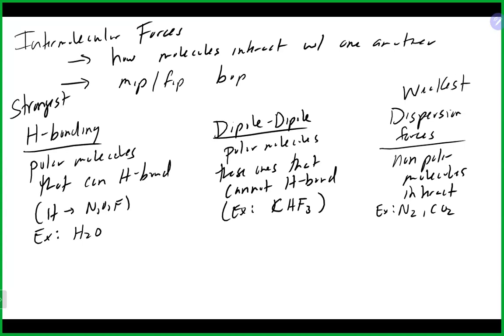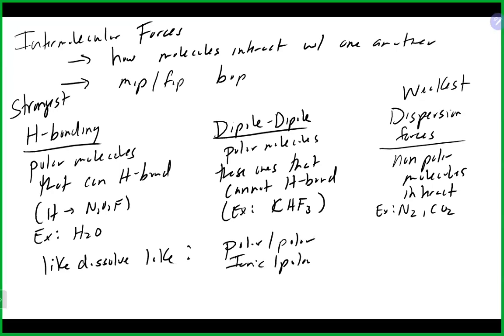So when we talk about how molecules interact with one another, we talked about in lab that idea of like dissolves like. And that means that if you have anything that is polar and polar, ionic and polar, or nonpolar and nonpolar, they will be soluble in each other.